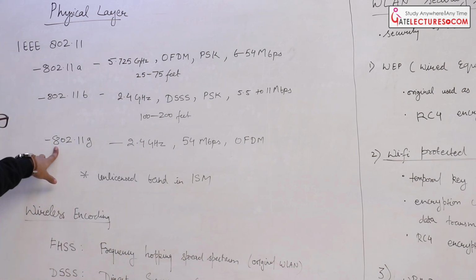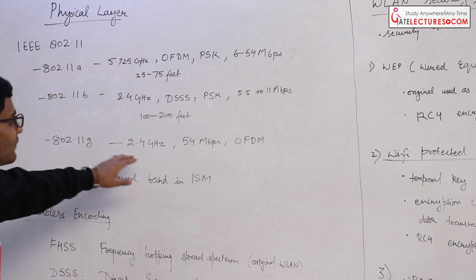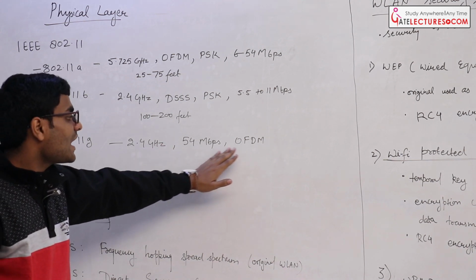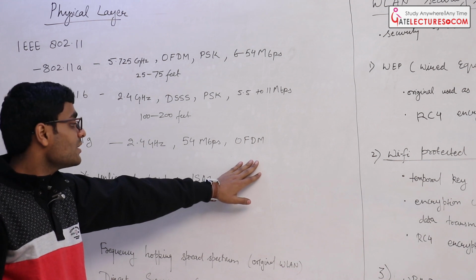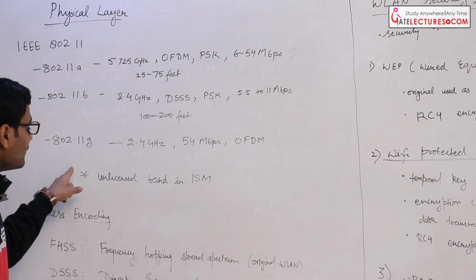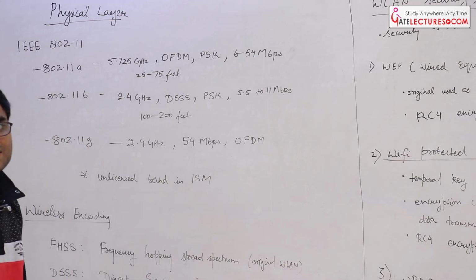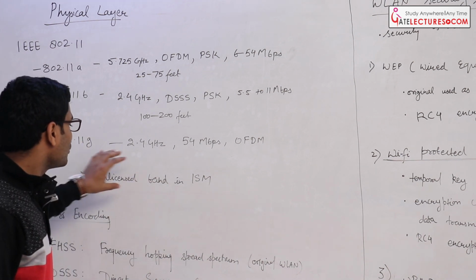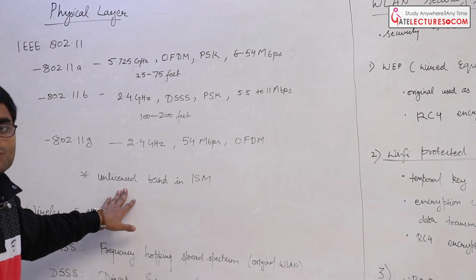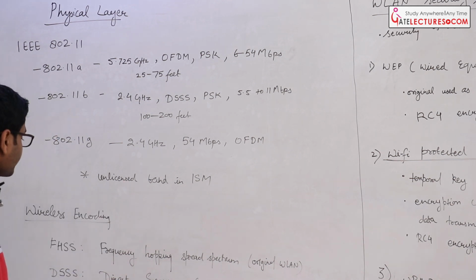In the 802.11g specification, the band is 2.4 gigahertz, the speed is 54 Mbps, and the encoding scheme we are using is OFDM. The important part here is that we are using the unlicensed ISM band. I told you why we are using an unlicensed band: so that it is available free of cost, to provide services cheaper.